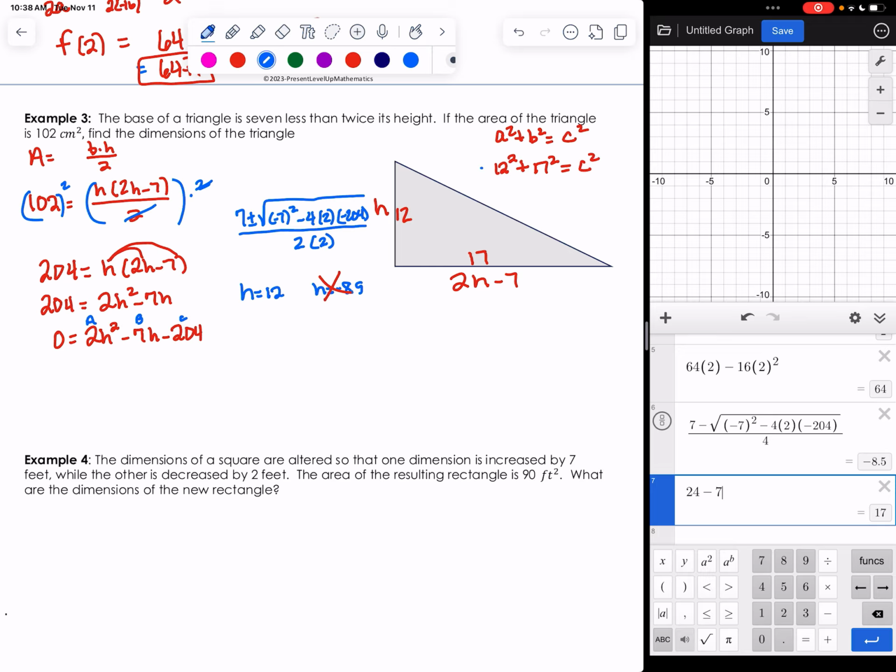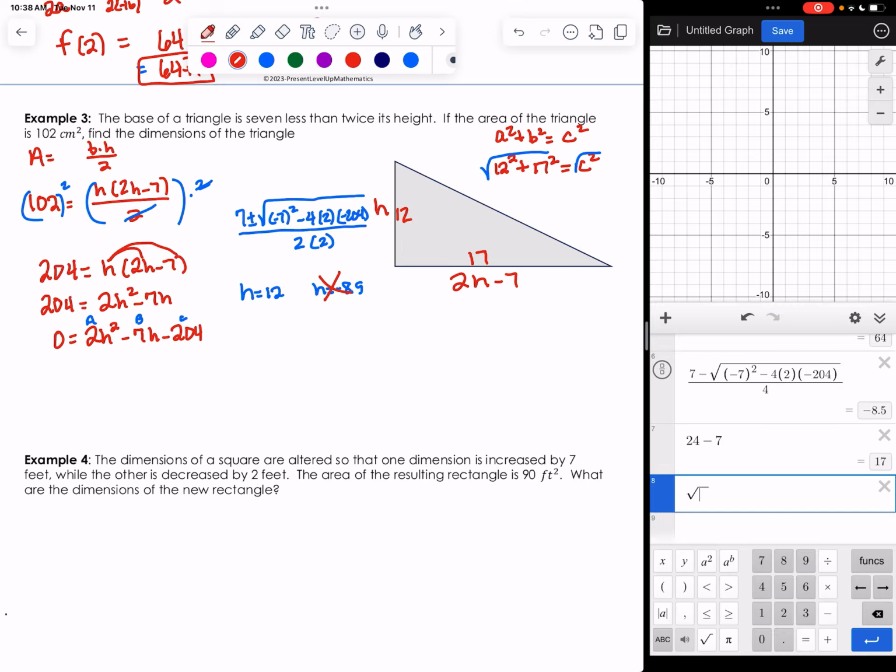And then to get c, I would take the square root of both sides. So over here, the square root of 12 squared plus 17 squared, and I'm going to round this to the nearest tenth, that would be 20.8.